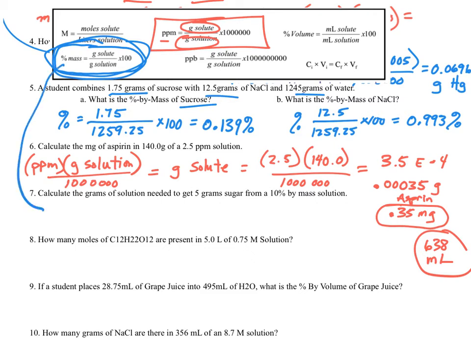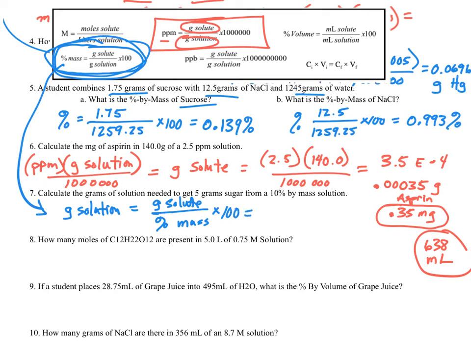So if we solve this equation for grams of solution doing some algebra, we will get grams of solution equals grams of solute divided by the percent mass times 100. All right, doing a little bit of algebra.